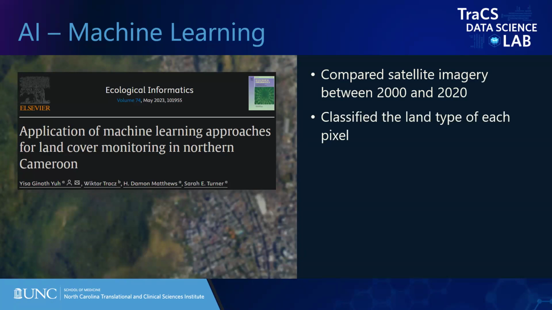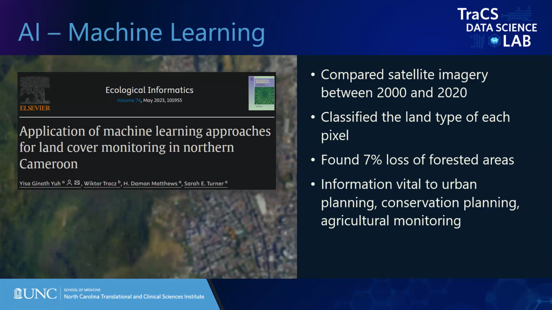Then they used machine learning to classify the pixels from these satellite images. So each pixel represents a little patch of land, and the model would categorize that pixel as cropland, forest, savanna, water, etc. Then the researchers were able to take these results and quantify how each category of land changed between 2000 and 2020. For example, they found a 7% loss of forested areas over that time.